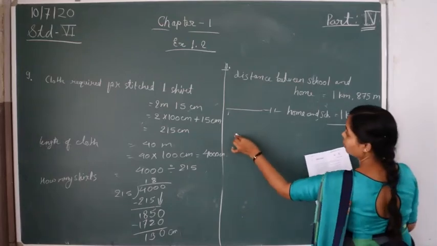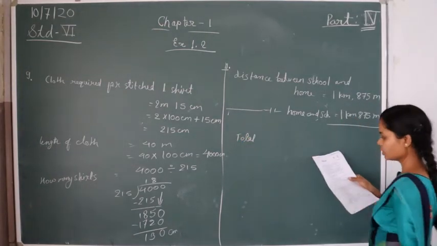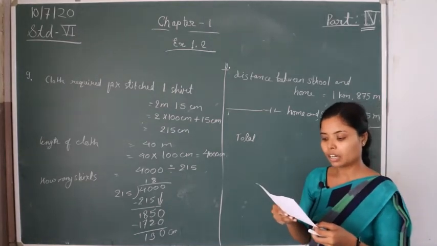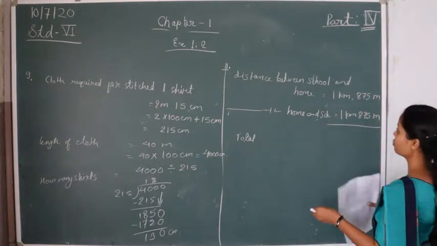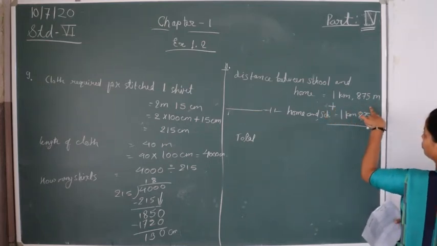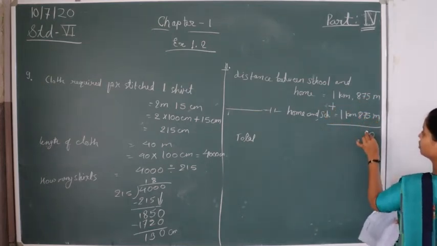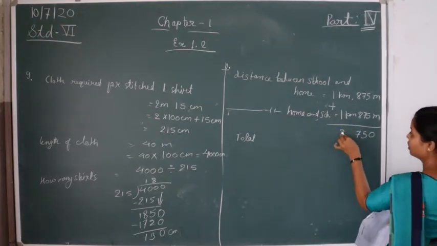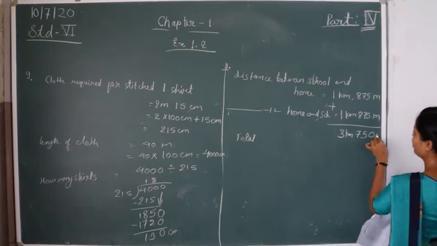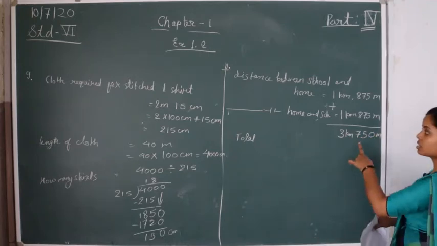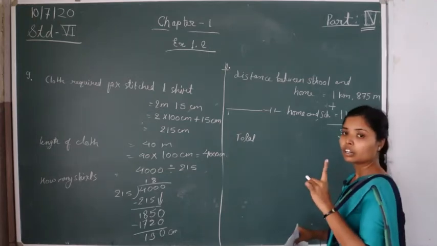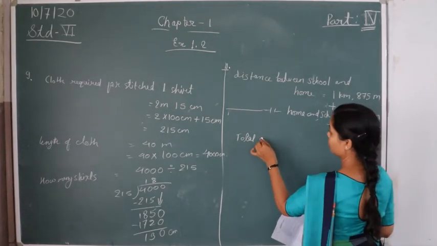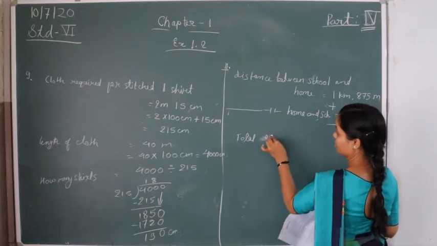Firstly we find it for the first day, so we add: 5 and 5 is 10, 7 and 7 is 14, plus 1 is 15, 8 and 8 is 16, plus 1 is 17, then 1 and 1 is 2 and 1 is 3. So we write here 3 kilometer 750 meter. This is the total distance covered by her in one day.